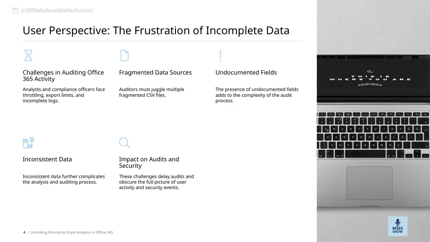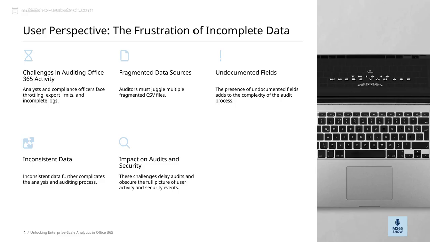When we look at the user perspective, one of the biggest frustrations is dealing with incomplete data. These challenges can really delay audits and make it harder to see the full picture of user activity and security events. This means that when we're trying to understand what's happening, we might not have all the information we need, which can impact our ability to respond quickly and accurately. Inconsistent data only adds to this problem.